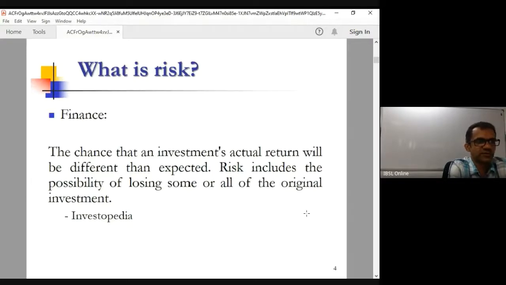So in finance or in financial institutions, what do they do? The ultimate objective is to make profit and increase the wealth of shareholders. That's the ultimate objective.